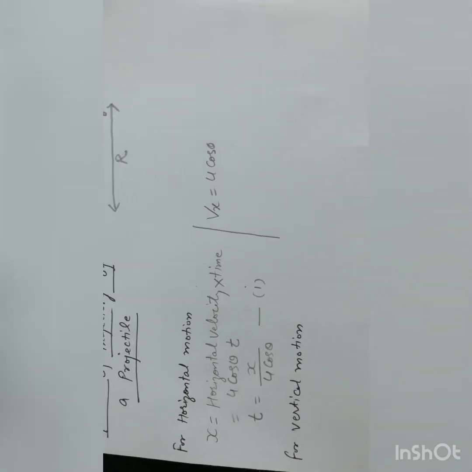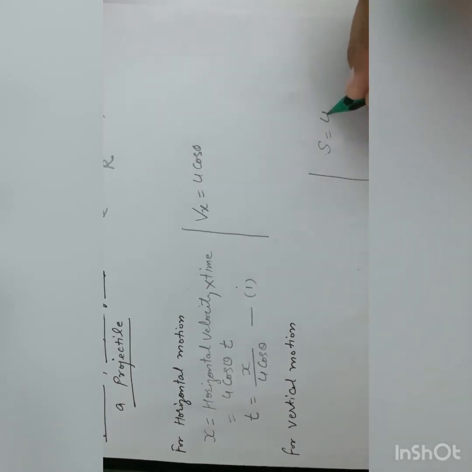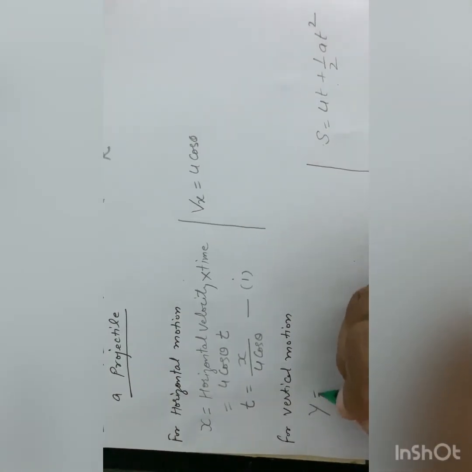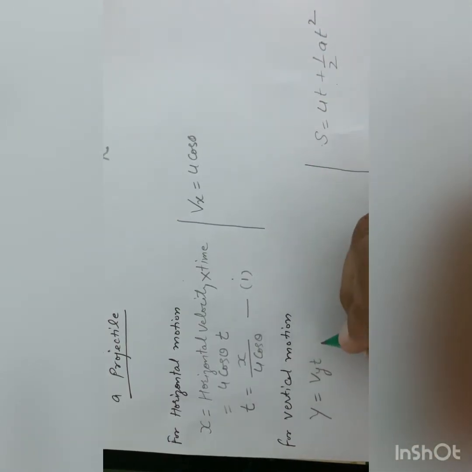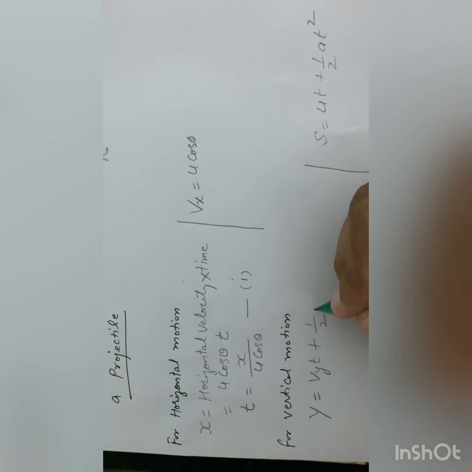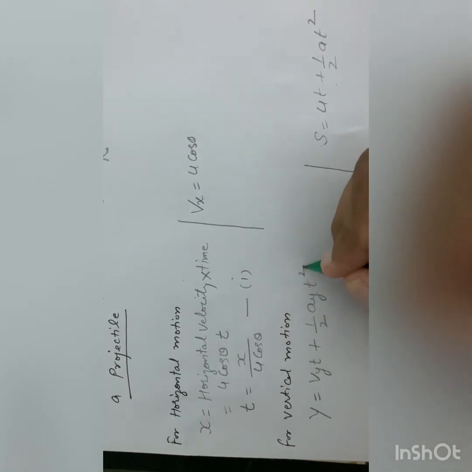For vertical motion, we have s equal to ut plus half at square. Here s is y, u is Vy, so y equals Vy t plus 1/2 Ay t square.